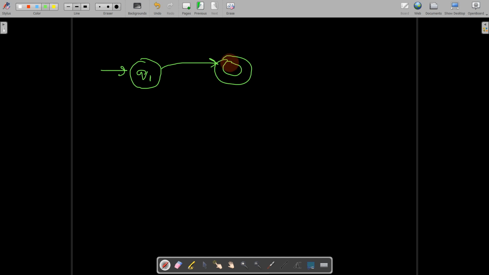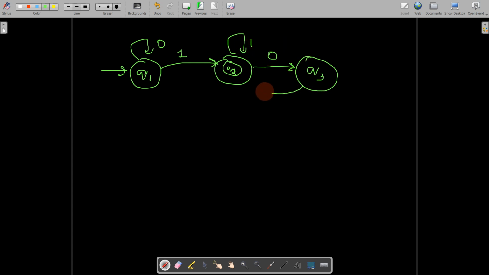Q1, Q2, Q3. So this is a finite automata and its name is M1.